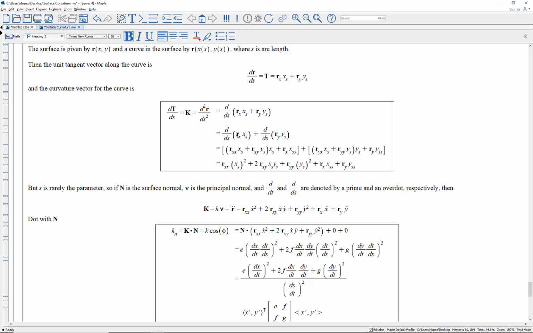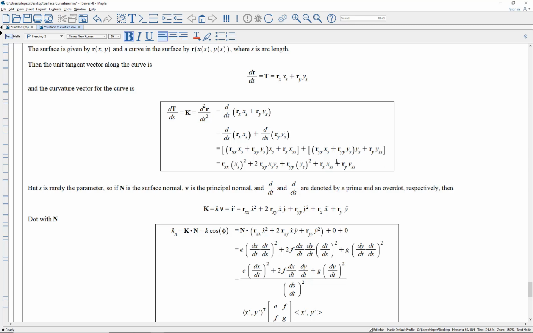Then you take the derivative with respect to y, and the derivative of y with respect to s. Then you hold this term constant and differentiate this term and you get x double dot, s twice. A parallel case for this derivative: r_yx x_s, r_yy y_s. And then you multiply by this. Then you hold this constant and take the s derivative of this and it's y_ss.